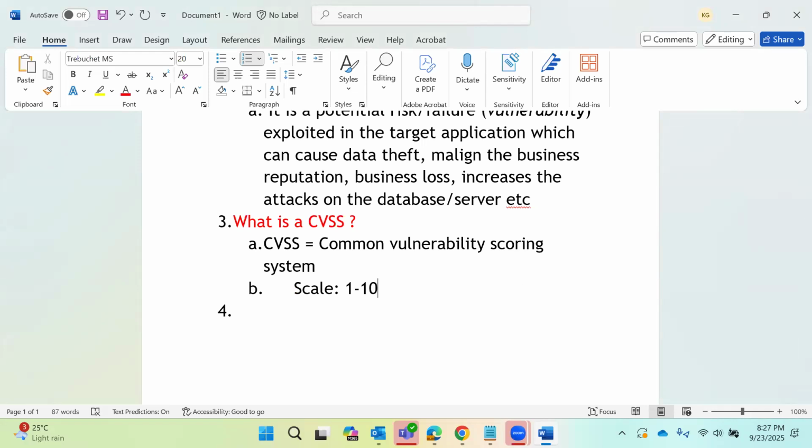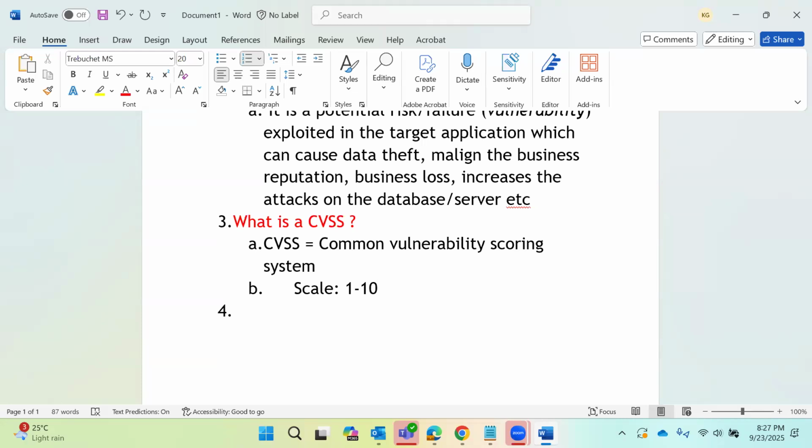So if I find a threat and give it a CVSS score of 9, it means it is a very highly severe threat or vulnerability. The industry says you should always give it a score on a scale of 1 to 10, and that is your Common Vulnerability Scoring System.